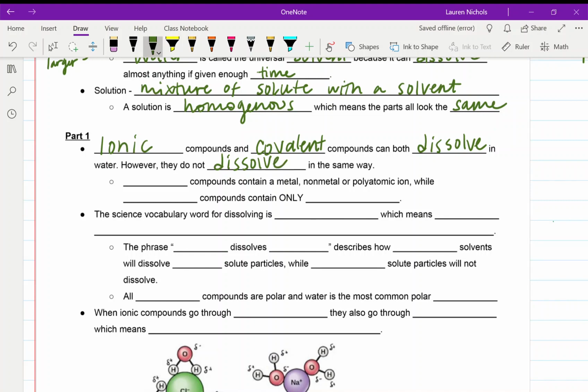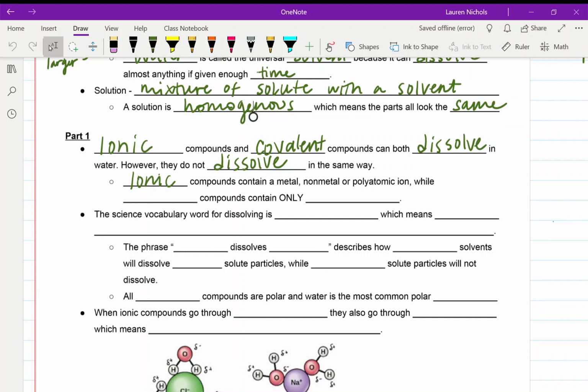As a reminder, this is something we learned about in first semester, Unit 5. So if you wanted to look back at a previous video on Unit 5 about ionic and covalent, you can. Just as a reminder, an ionic compound contains a metal and a nonmetal, or a polyatomic ion.